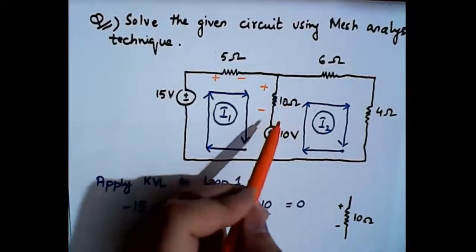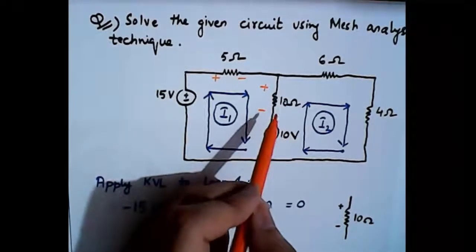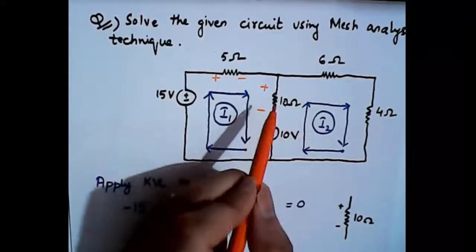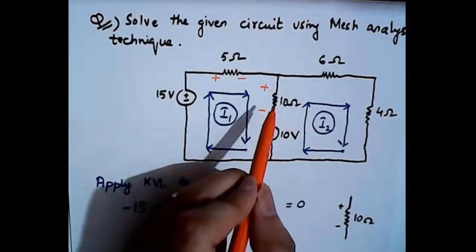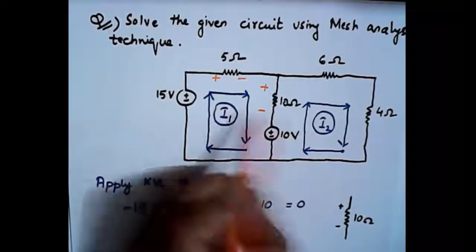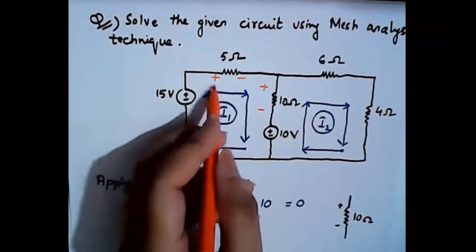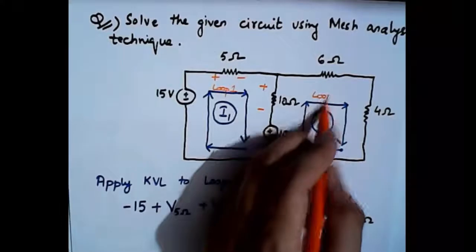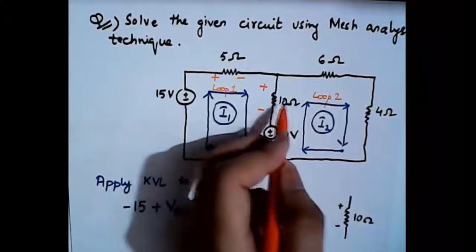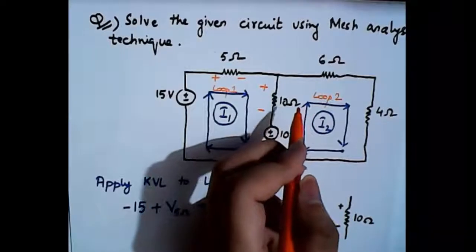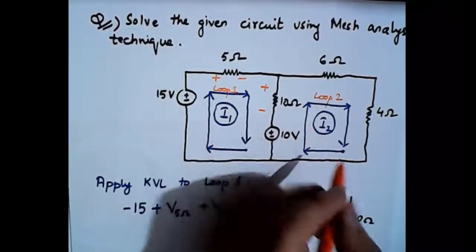And why does this case involve two currents? Because this particular resistance, which is 10 ohms in value, is common between loop 1 and loop 2, right? Since this resistance is common between loop 1 and loop 2, it will be carrying both the currents.